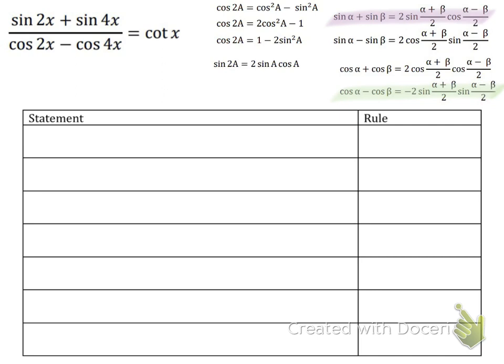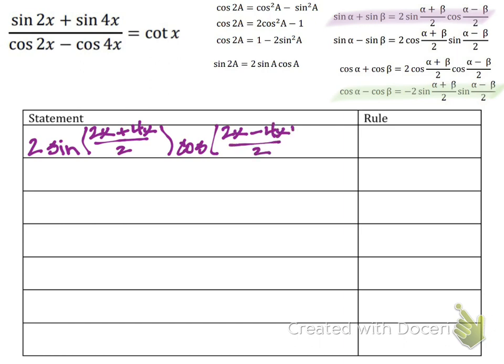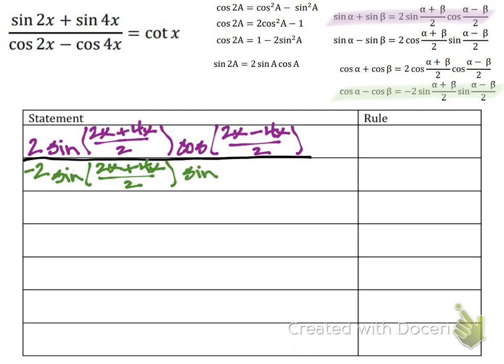So my numerator is going to be 2 times the sine of (2x plus 4x) over 2 times the cosine of (2x minus 4x) over 2, divided by negative 2 times the sine of (2x plus 4x) over 2 times the sine of (2x minus 4x) over 2.